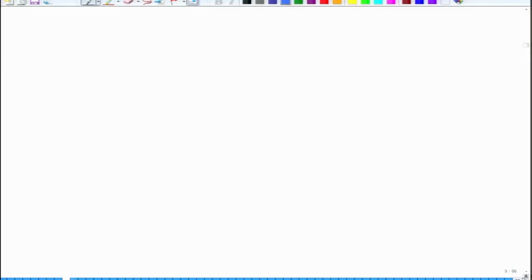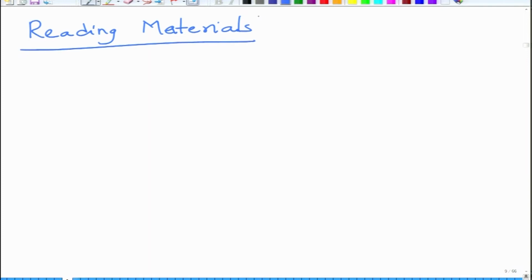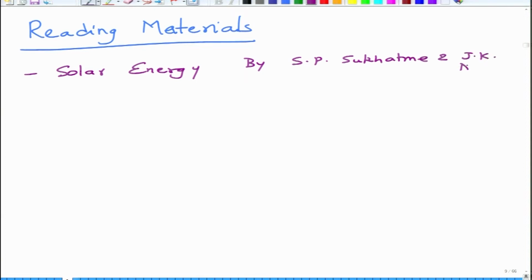Let me now tell you about certain reading material. In reading material, your first book that you would like to be reading about solar fundamentals is Solar Energy by S.P. Sukhatme and J.K. Nayak.